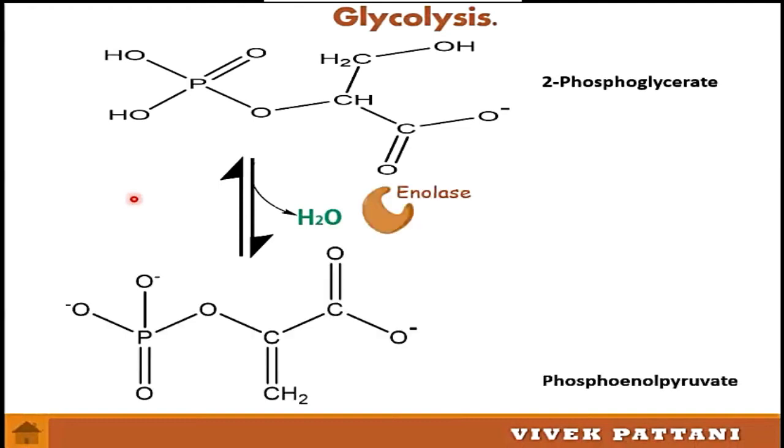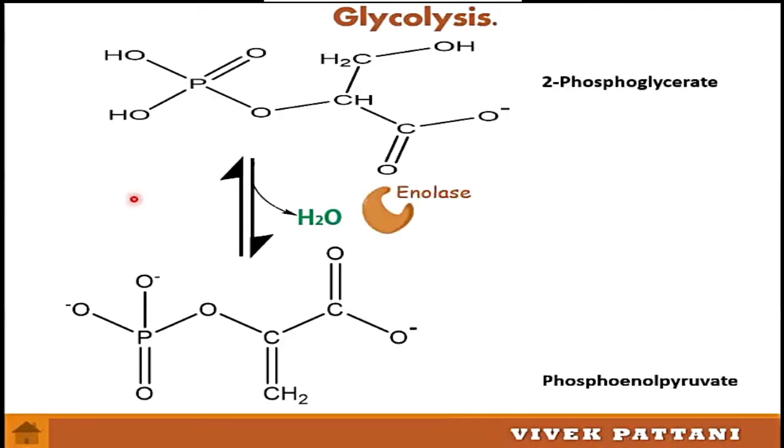Now 2-phosphoglycerate will be converted into phosphoenol pyruvate with the help of the enzyme enolase. In this case, a dehydration reaction occurs, because a water molecule is released during the conversion of 2-phosphoglycerate into phosphoenol pyruvate.